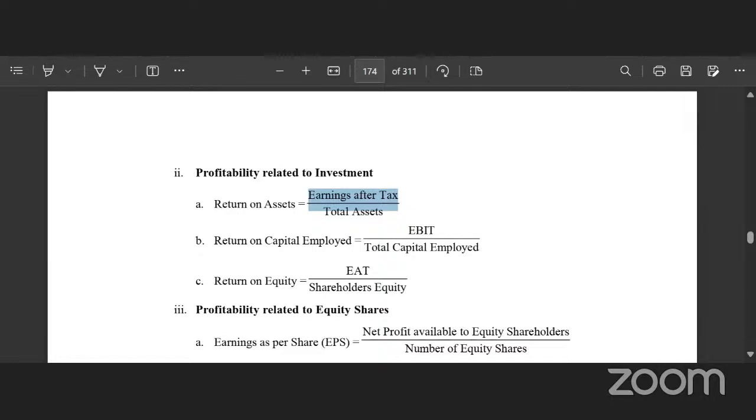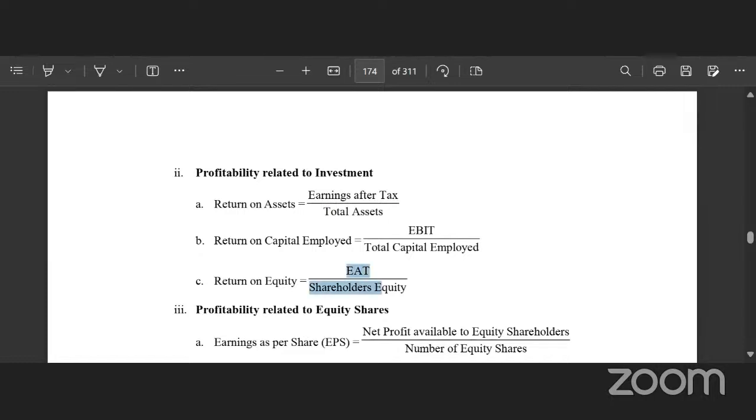Return on capital employed is EBIT divided by total capital employed. Total capital employed is again equity and debt. For return on equity, you are calculating how much return you are able to get on equity.